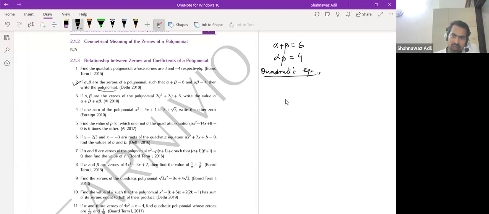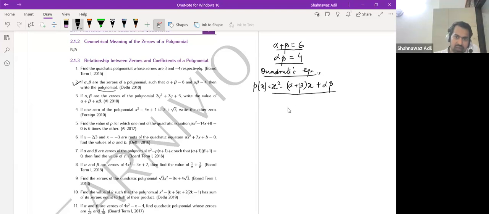Whenever the sum of the roots and the product of the roots are given, we can write the quadratic equation as this one plus this one. But they are asking only for the polynomial, so we will write it like this. So this is the quadratic polynomial, right, Amar?